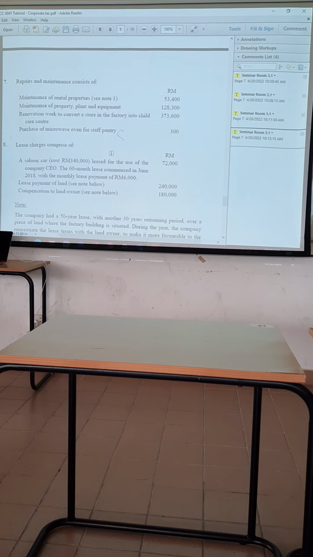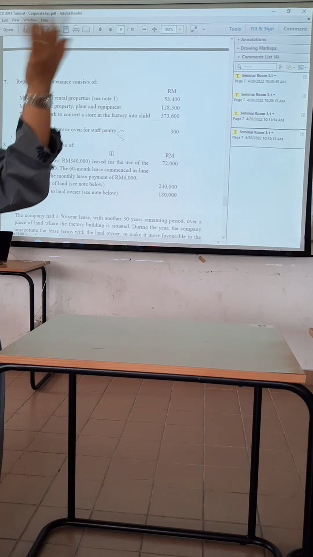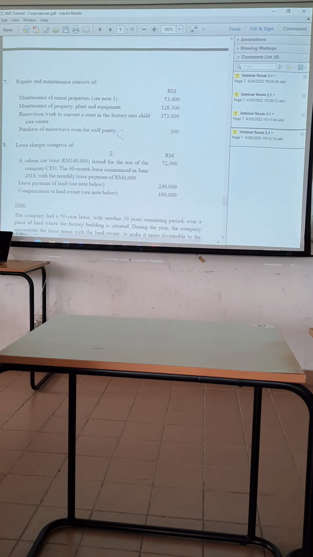But then, you add back the capital expenditure, but this one is to convert a factory into a childcare center. When it's a childcare center, then it becomes an industrial building. So for an industrial building, what can you claim? Building allowance. So under capital allowance later, you have IBA for the childcare, 10%. I'm not sure, what is the rate?